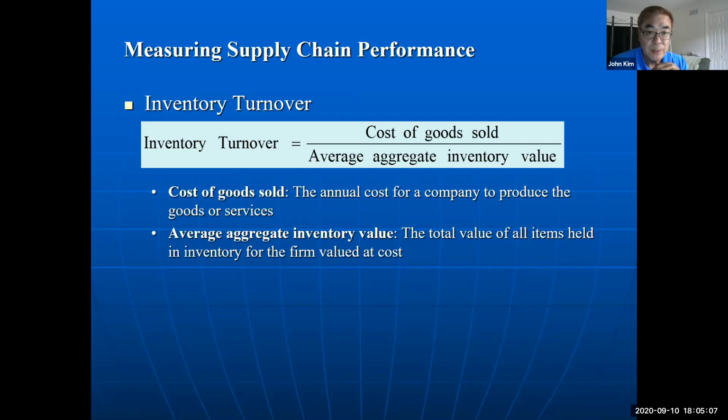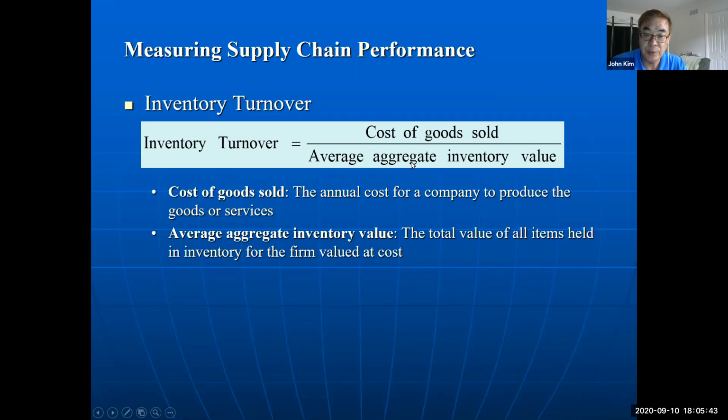Okay, measuring supply chain performance. Measure whether the supply chain works well or not, using inventory turnover. Inventory turnover equals cost of goods sold, which is the cost, just material cost and such, divided by average aggregate inventory value.